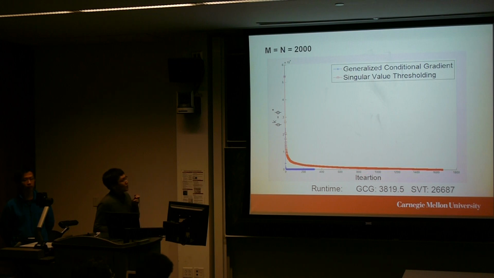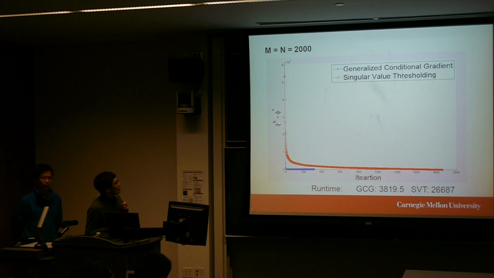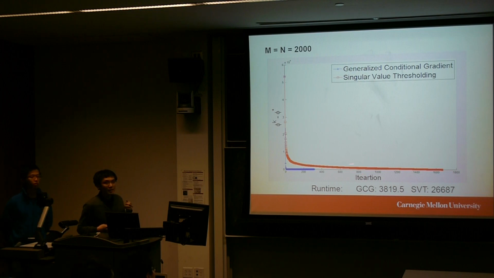One thing to be noted is that our algorithm will actually be much faster, because to compute this value, we do a singular value decomposition in our method just to plot this figure, and we do not exclude this time here. If we exclude this singular value decomposition, I believe it would be much faster.